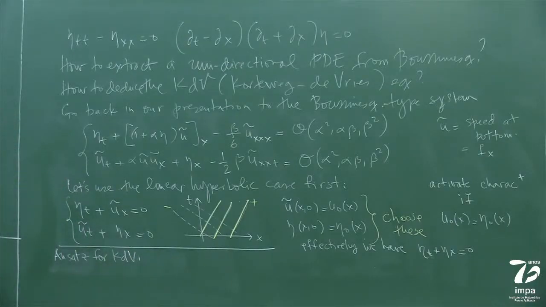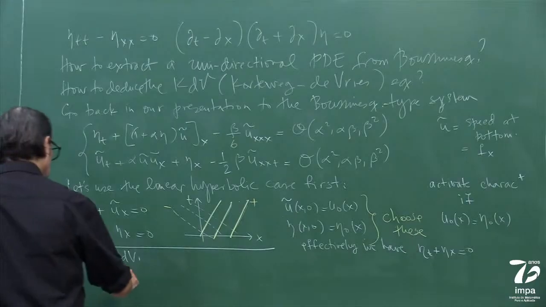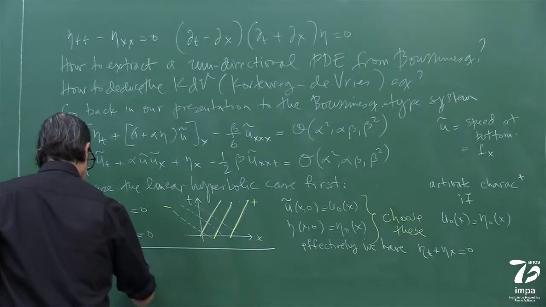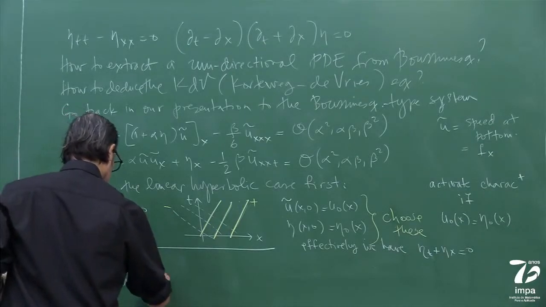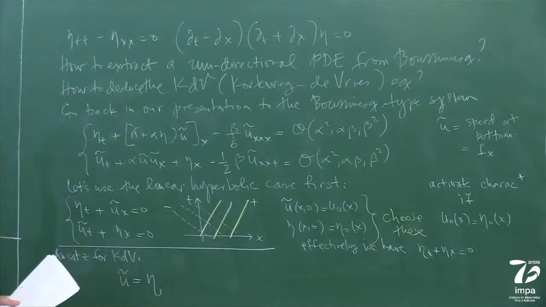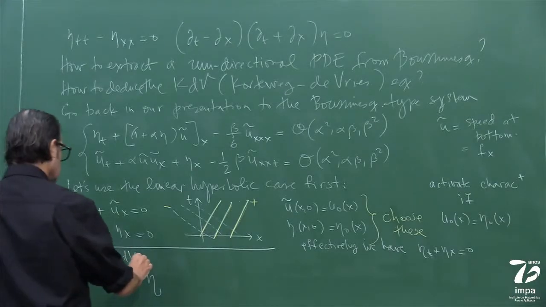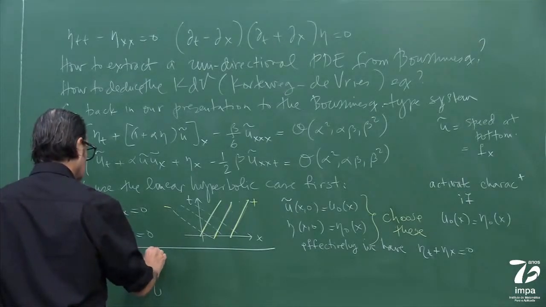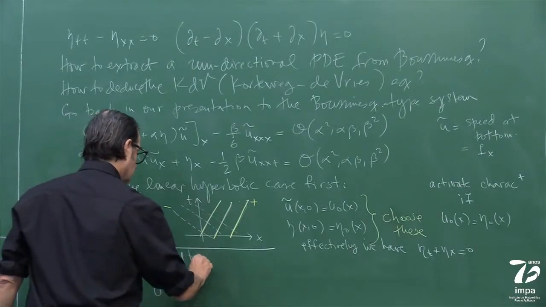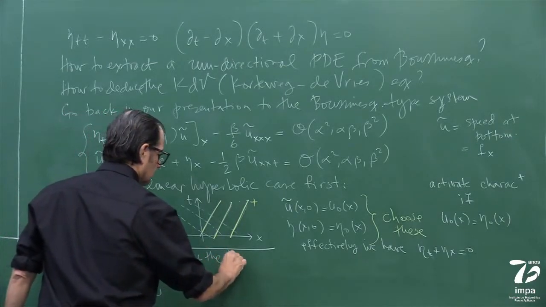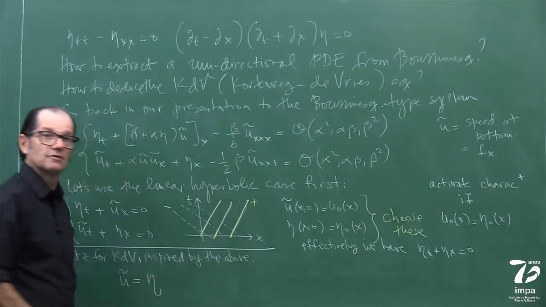For getting the KdV, I'm going to say that u is equal to eta. Okay, then put it like this. Ansatz for KdV, sort of inspired by the above, right?